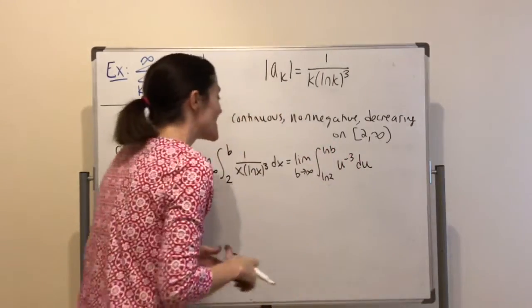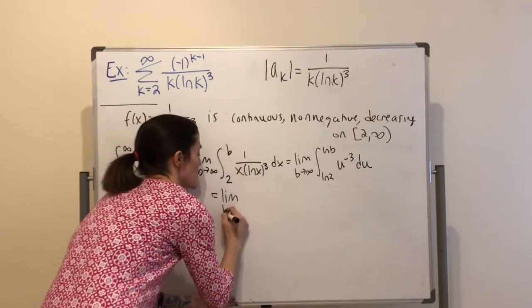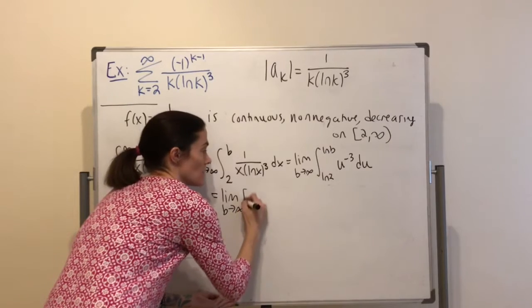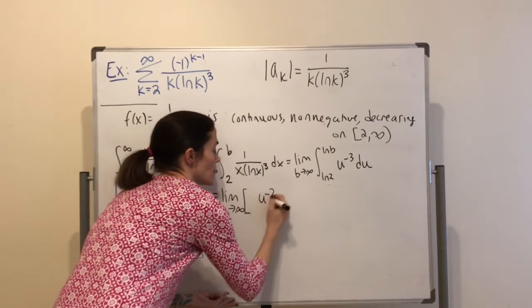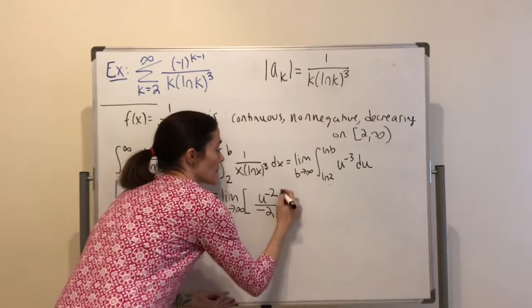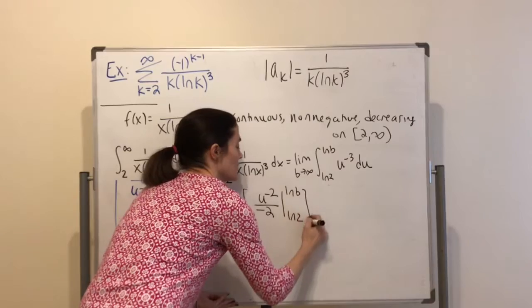Okay, so let's integrate. This is a limit as b goes to infinity. We add a power, divide by the new power, evaluated between ln 2 and ln b.